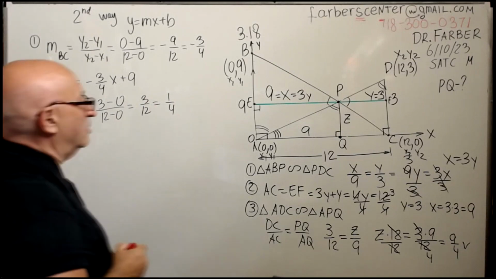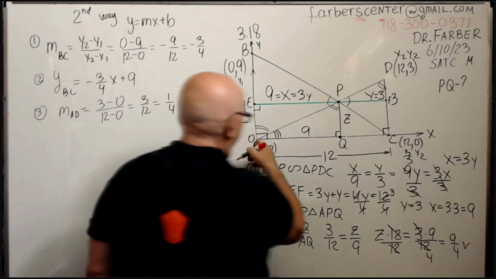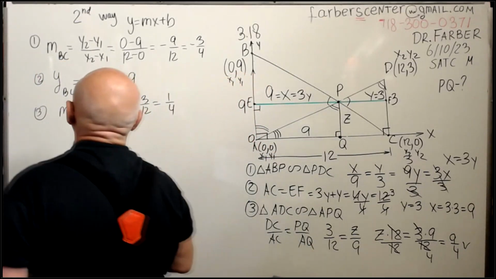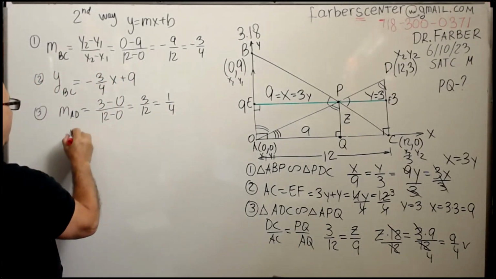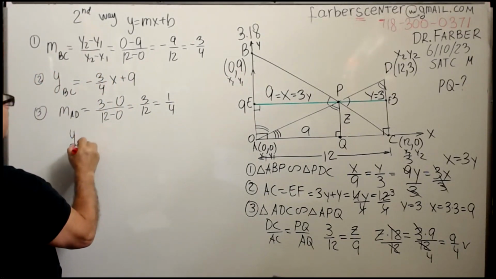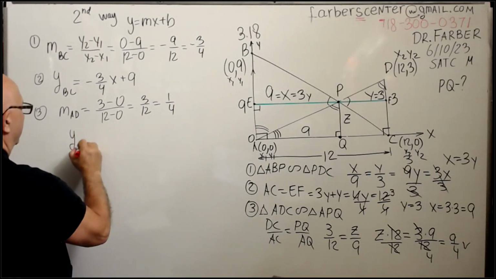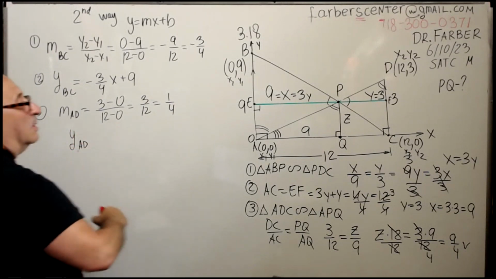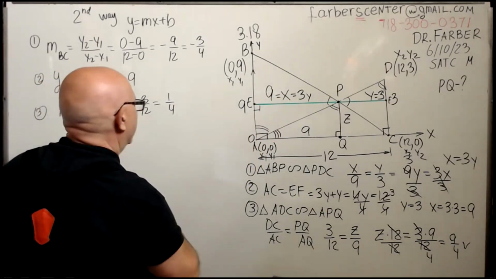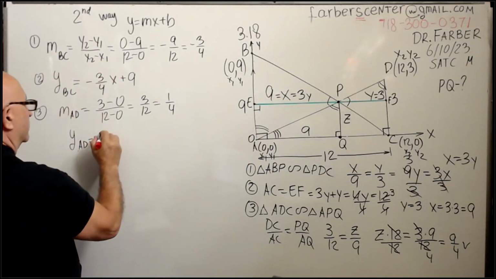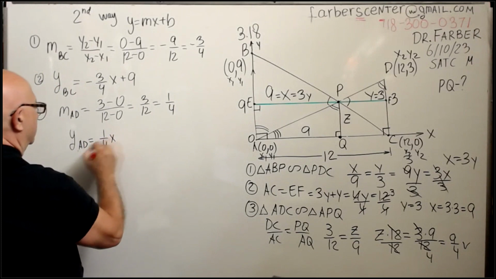And this line goes through the origin, so the y-intercept equals 0. So far, so good. So for line BC and this AD, the equation of this line equals 1 over 4x.